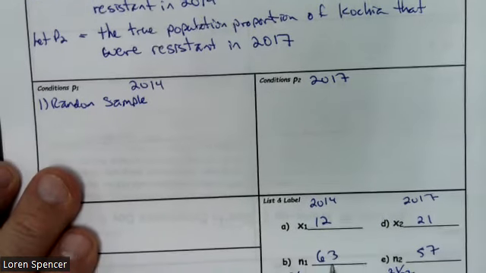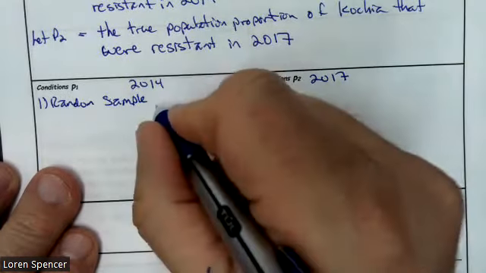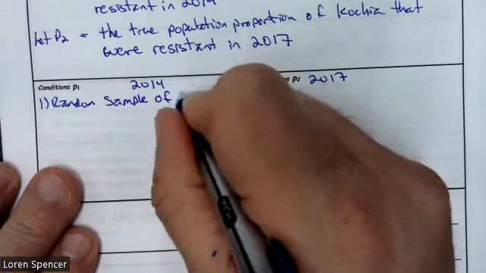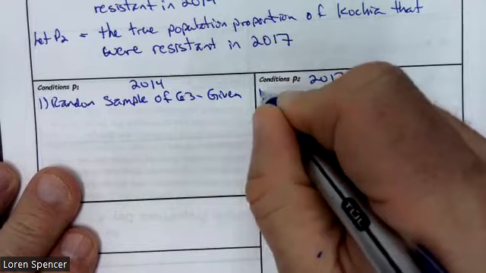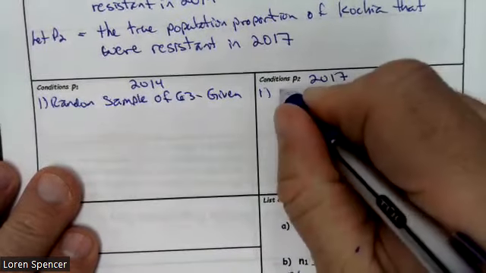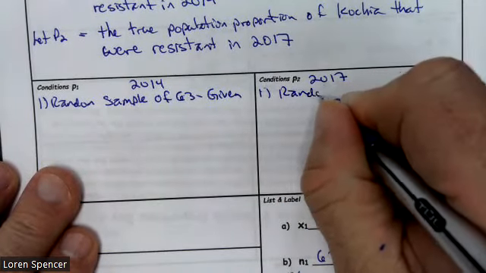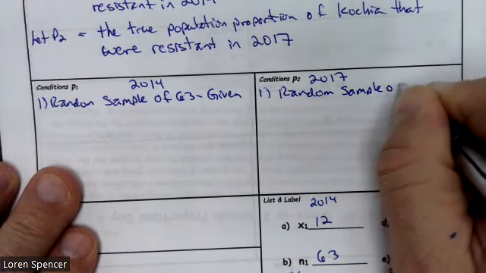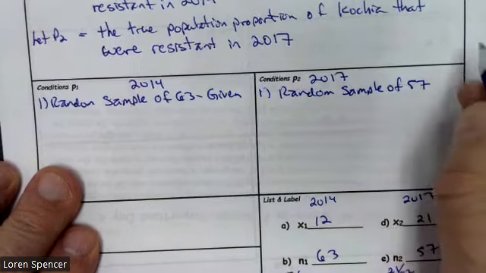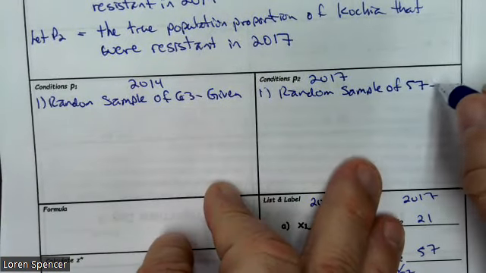The first random sample was of 63, and that was given. This was a random sample of 57, and that was also given.